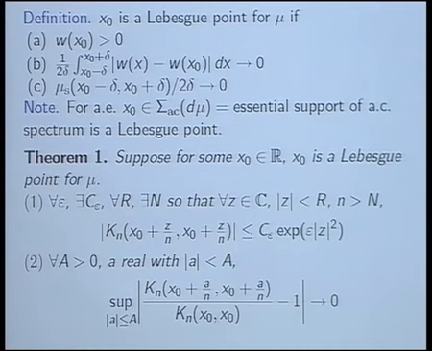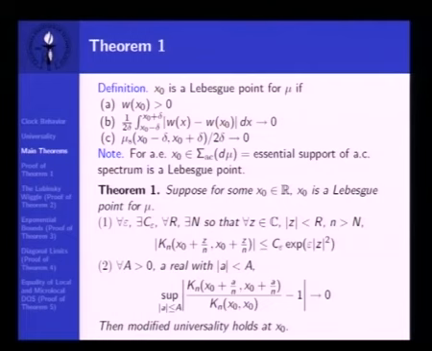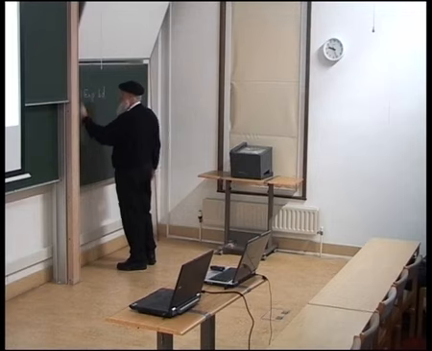But this is the key condition in both his approaches. And under these conditions, you have modified universality at x naught. So you need two conditions, the exponential bound and the Lubinsky wiggle.